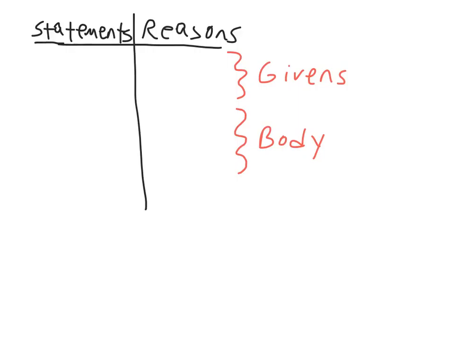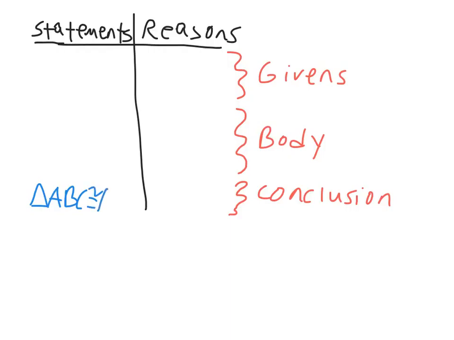And then finally, this is the smallest part because it's one step, is the conclusion. This is where you will actually say that triangle ABC is congruent to triangle DEF, or whatever it is.